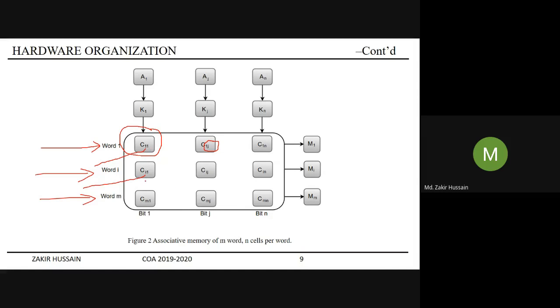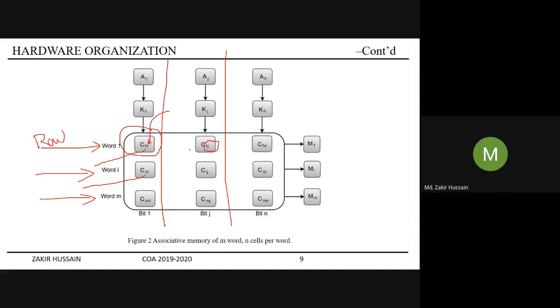So the first suffix is about which word it is, first word or second word. Meaning you can think of it as a row. And the second suffix, you can think of it as column wise.